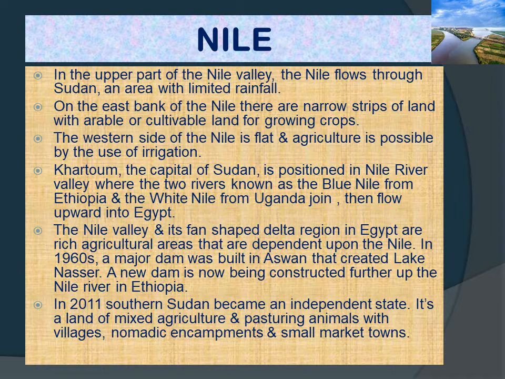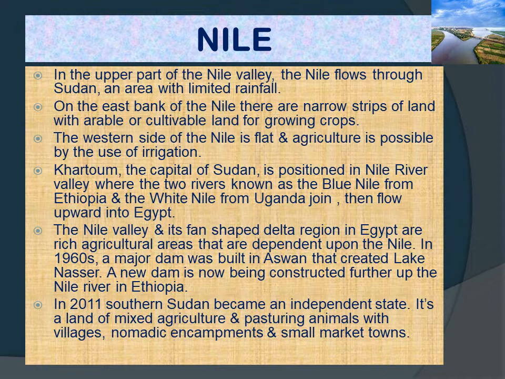The western side of the Nile is flat and agriculture is possible by the use of irrigation. Khartoum, the capital of Sudan, is positioned in the Nile River Valley where the two rivers, known as the Blue Nile from Ethiopia and the White Nile from Uganda, join. Then they flow upward into Egypt.